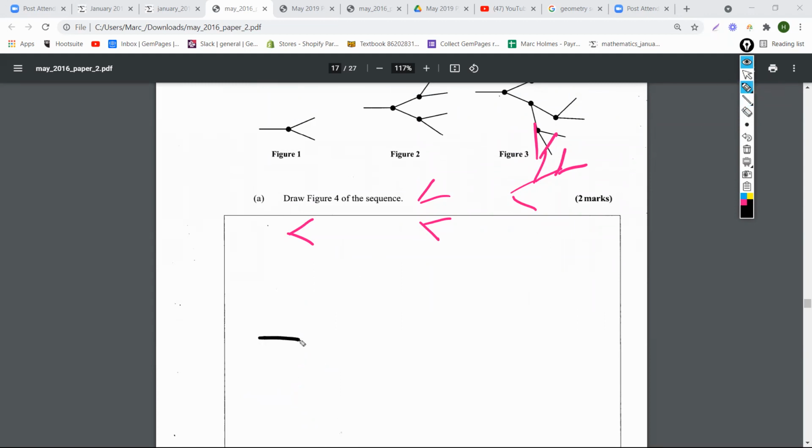So 1, 2, 1, 2, 1, 2, and so on, 1, 2, 1, 2, 1, 2, 1, 2.